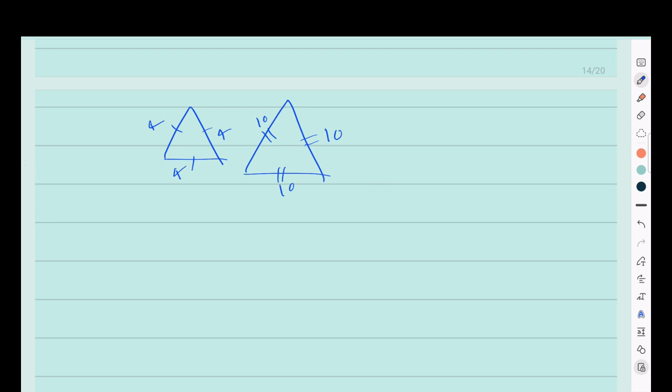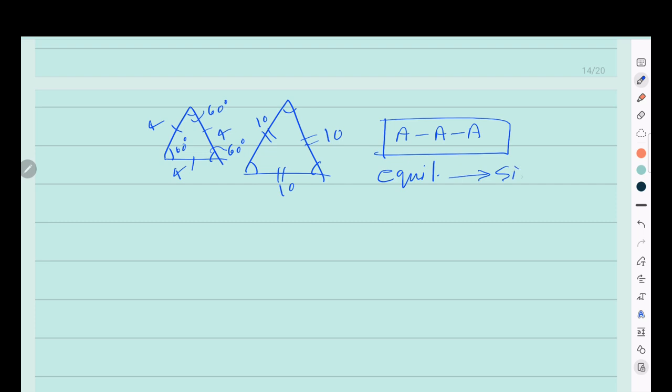So the size is differing, but because all the sides are equal, all the angles will also be equal. So in an equilateral triangle, all three angles are always 60 degrees. So in that case, we actually meet the conditions of similarity. All three angles are the same, because everything is 60 degrees, 60 degrees, 60 degrees. So all equilateral triangles are similar. That is true.